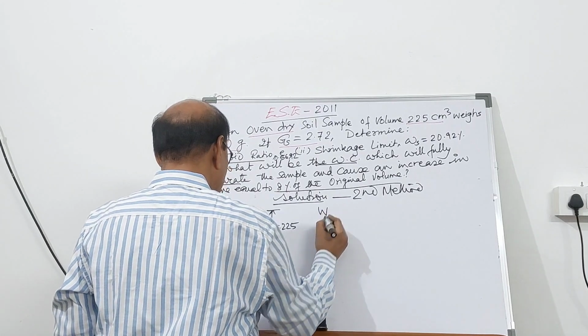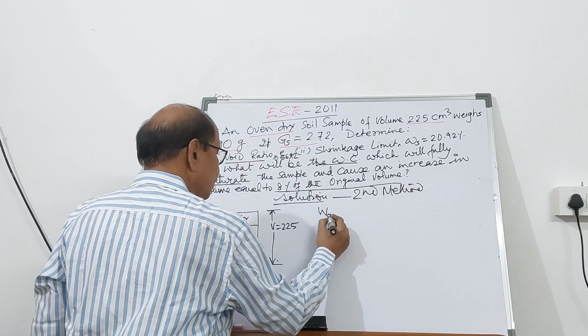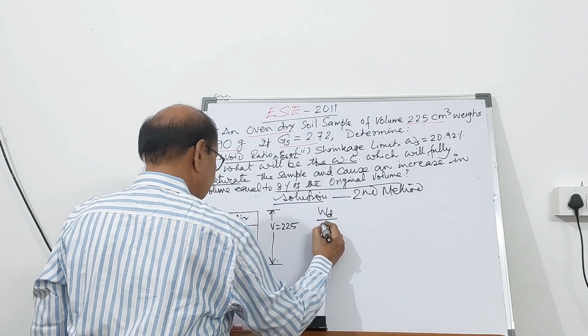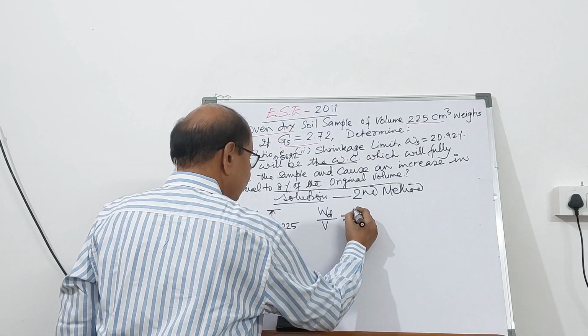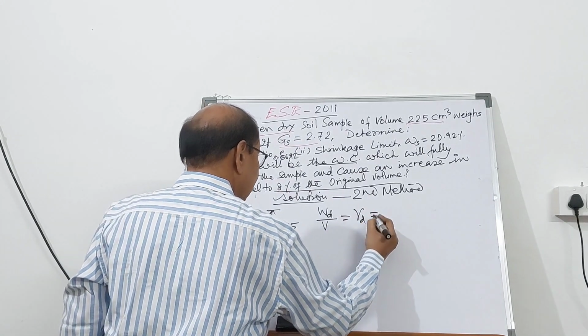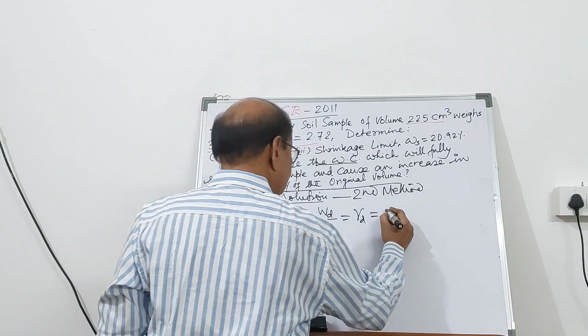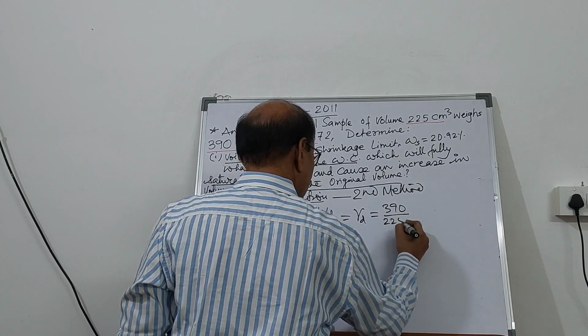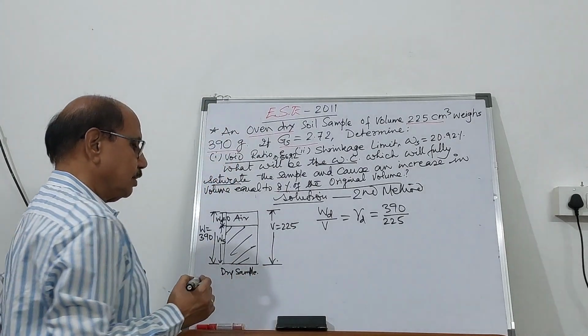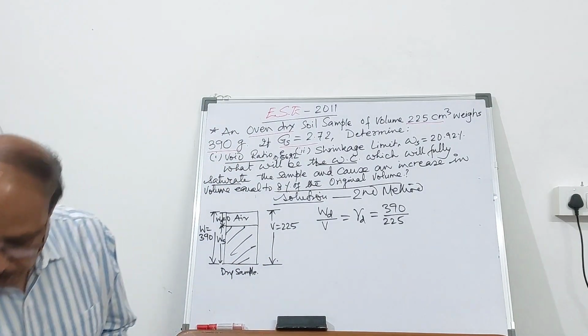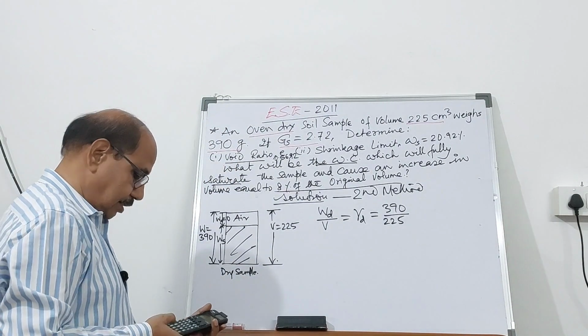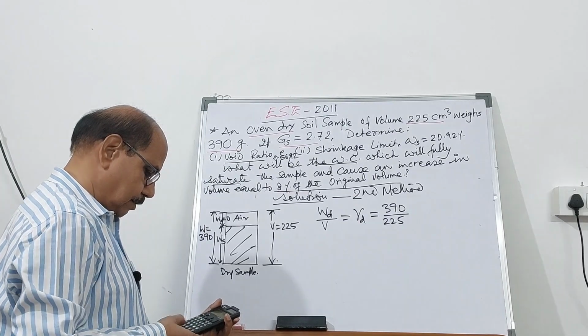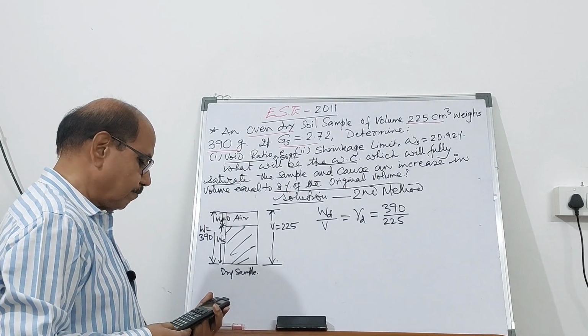The weight of the dry sample divided by the total volume will give you gamma d. This is equal to 390 divided by 225.